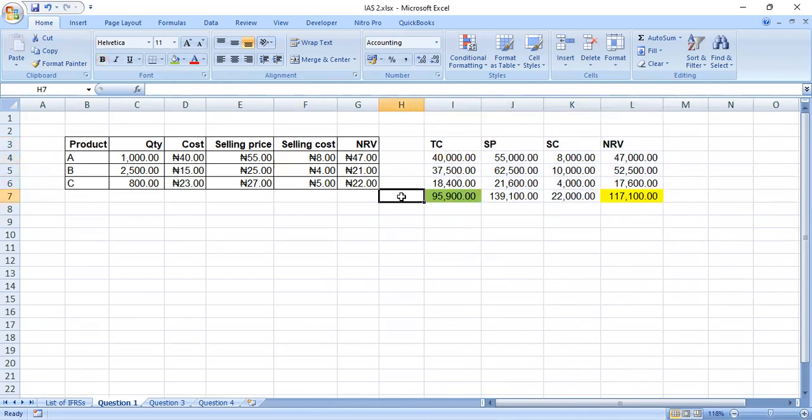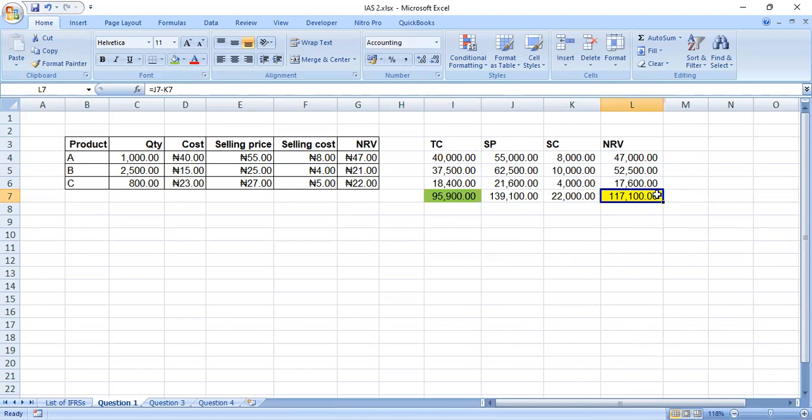The reason why it should be absolutely wrong is because we have three different products. So you're going to consider each product on a case-by-case basis. That means you make your selection per product. It would be wrong for you to choose the total.